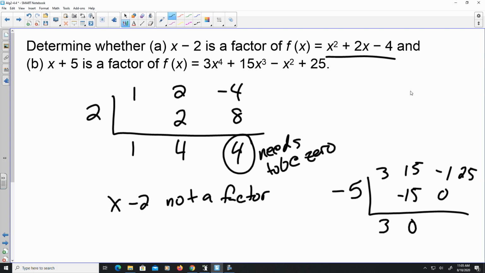Oh, I'm missing a 0 here because I don't have an x to the first. So it's 3, 15, negative 1, 0, 25. Drop down the 3, and continue: negative 15, 0, 0, then negative 1, positive 5, and negative 25, and I get 0. So I have 0 at the very end. Since it needs to be 0, I can say that x plus 5 is a factor.